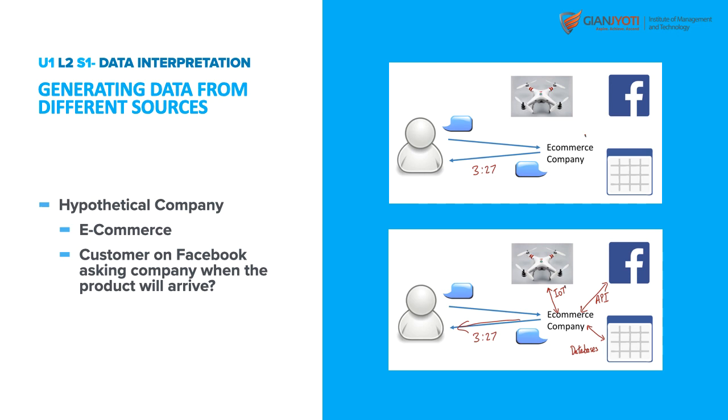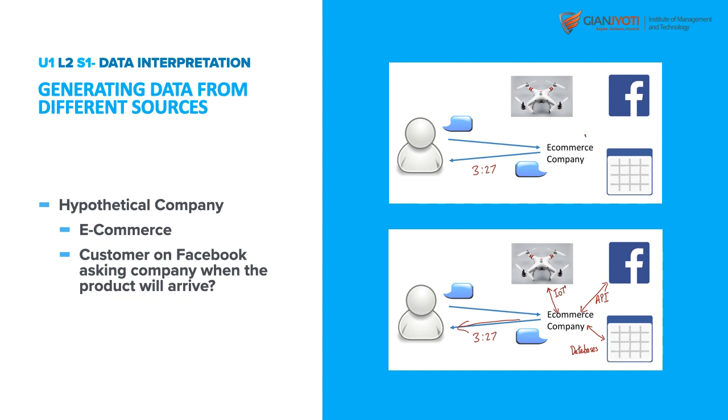So it gets the details from Facebook about who that person is, and then picks the product from its own database, what has been ordered. These days, as you know, drones are delivering the products to the customer. So it tries to talk to the drone interface: where are you? Are you carrying the product which that customer has ordered? If yes, where are you? In how much time will you reach the customer? All of this is happening in real time, remember that.